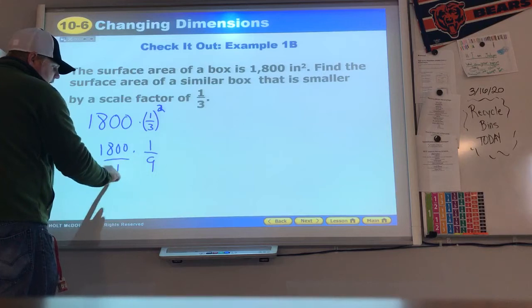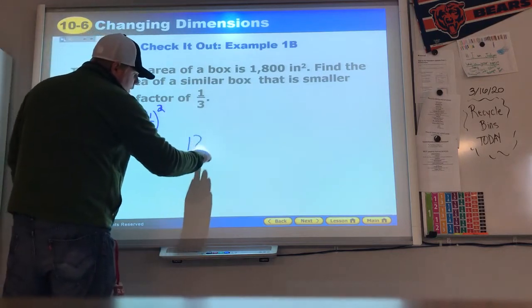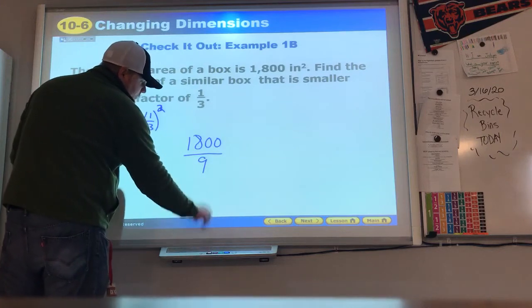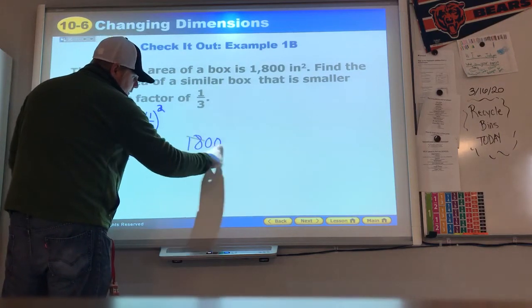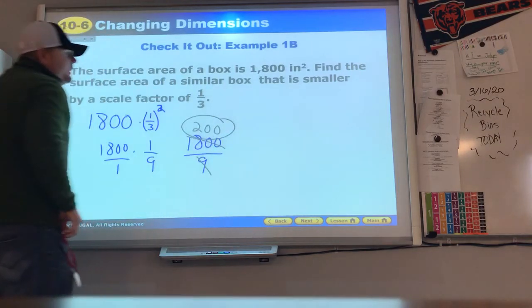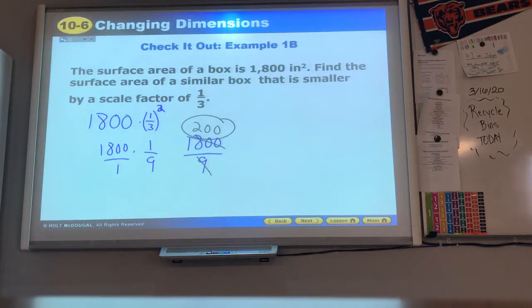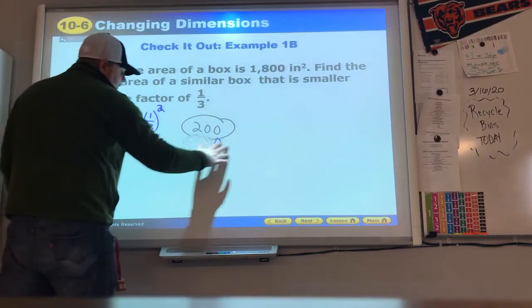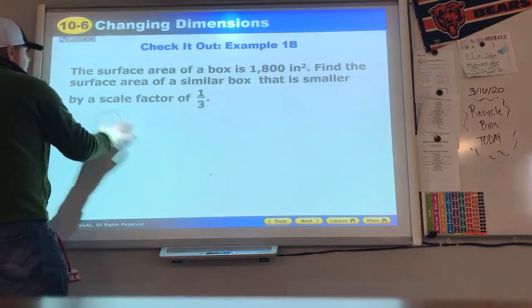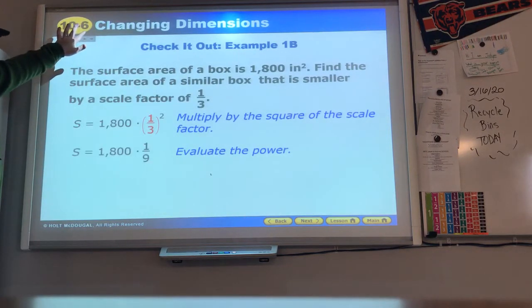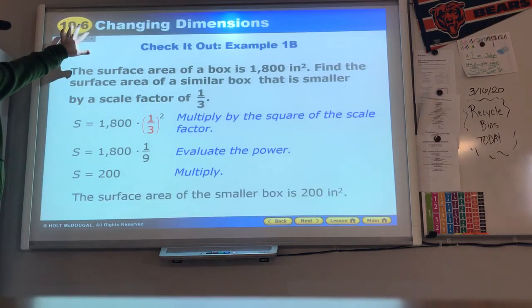I'm going to put it over 1, which changes nothing. 1,800 divided by 9 is 200. 200 is my new answer. A very big change with the scale factor there. They have the same equation. We evaluate the power, 1/9 times that, and when we do the multiplication, 200 is our answer.